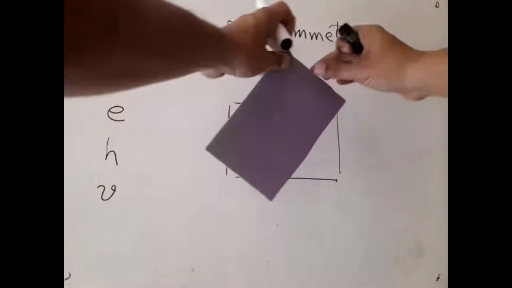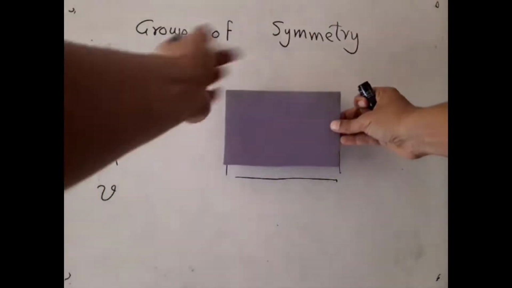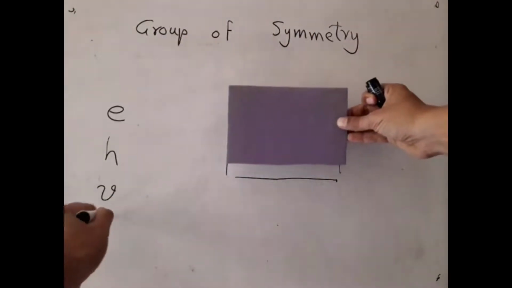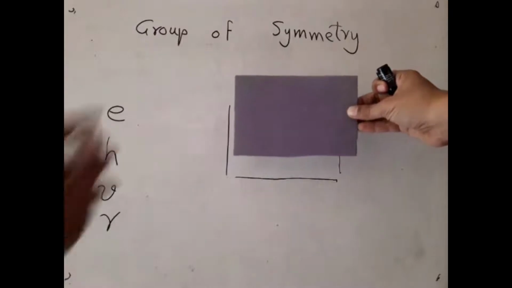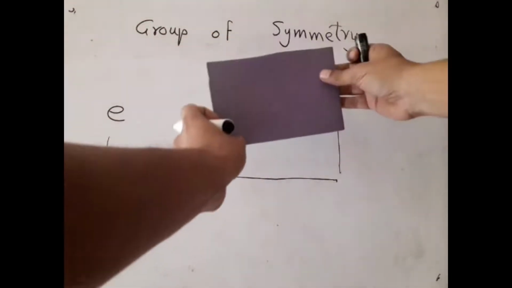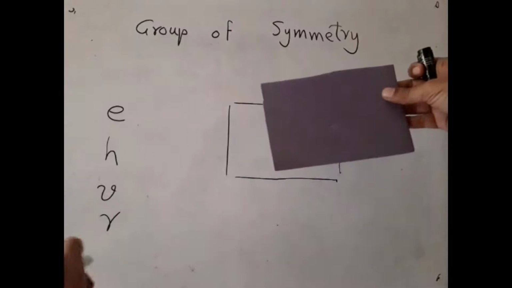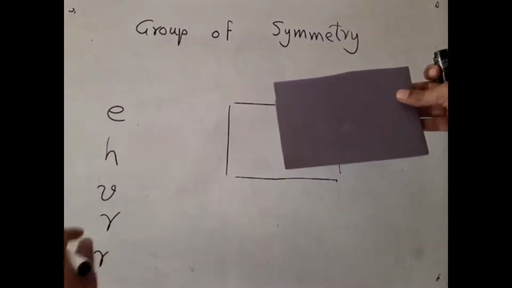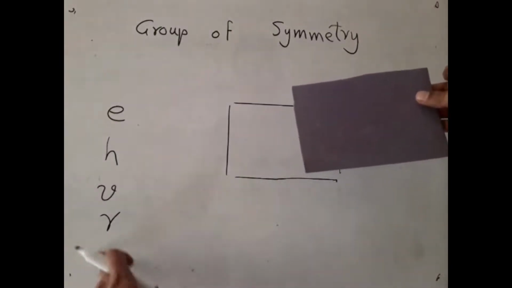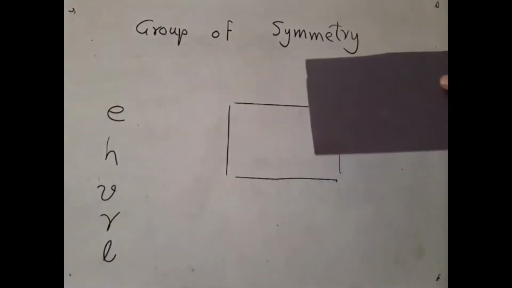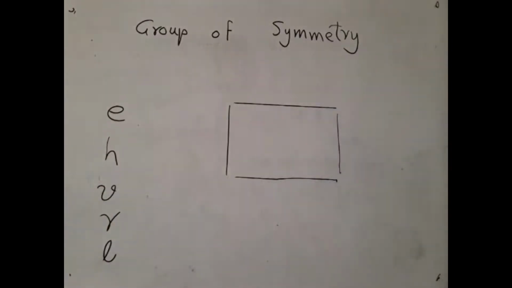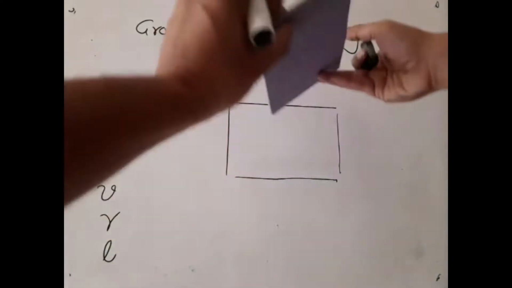I can rotate it 180 degrees in the counterclockwise direction, call it R. And I can do it in the opposite direction; since I have already called it R, let me call the other one L. You understand that R and L are inverses of each other. So these are the different ways by which you can take this and put it back.